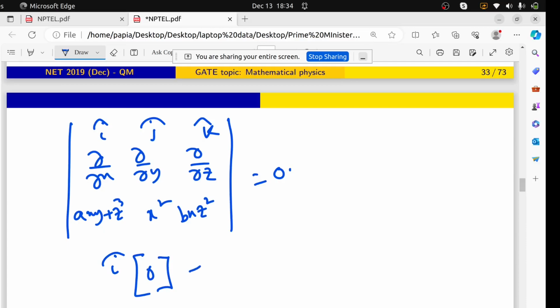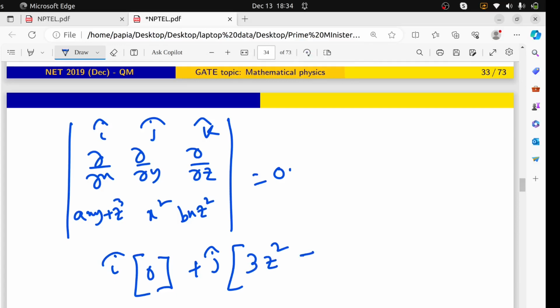So I will have the 0 i, for j, 3z square minus bz square, plus k cap will be 2x minus ax equals to 0.